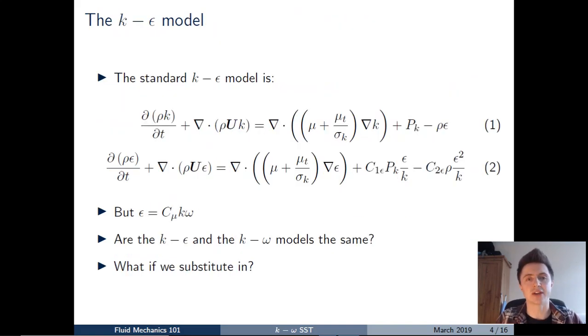So starting with the standard K-epsilon model, we've got a transport equation for the turbulent kinetic energy k in equation 1 and a transport equation for the turbulence dissipation rate epsilon given there in equation 2.